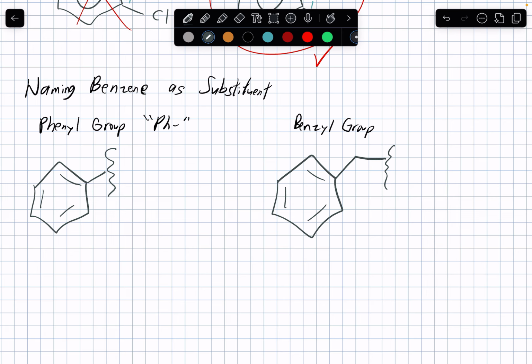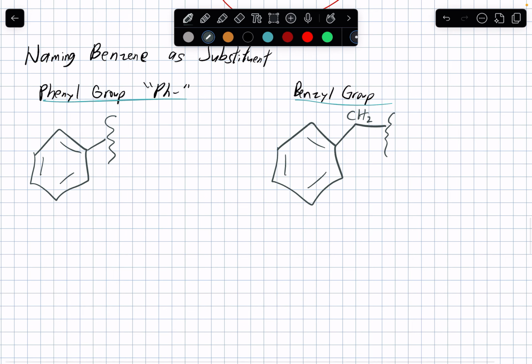So there is basically an additional CH2, no? That's the main difference between phenyl group and benzyl group. Simply just like that. Okay, C6H5.